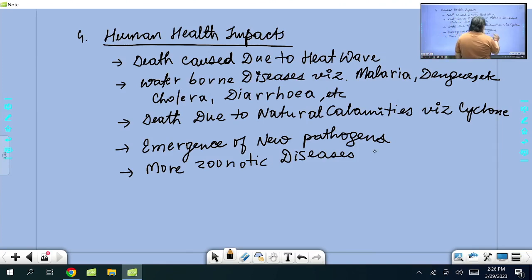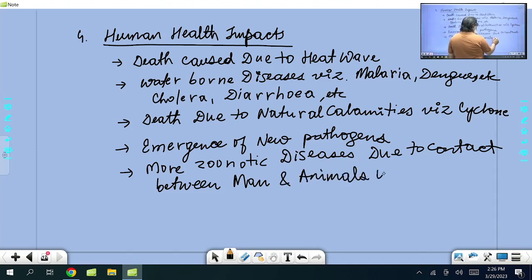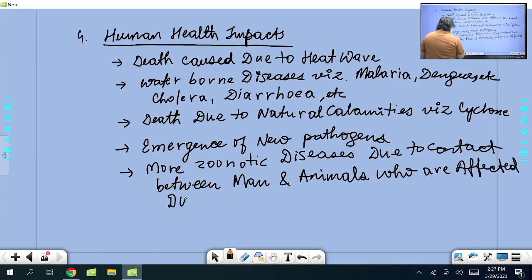So more zoonotic diseases due to contact between man and animals who are affected due to habitat loss. Because of habitat loss, forest fire and all, they will come out of the wild and we will get in contact with them, thereby getting the disease.